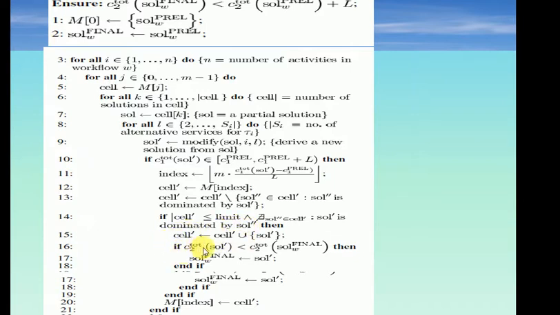Then again it gives the condition in the 16th line, the cost of the total solution compared with the final solution. If it is less than, then only the solution will be finalized as the final solution. That is how the algorithm goes on.